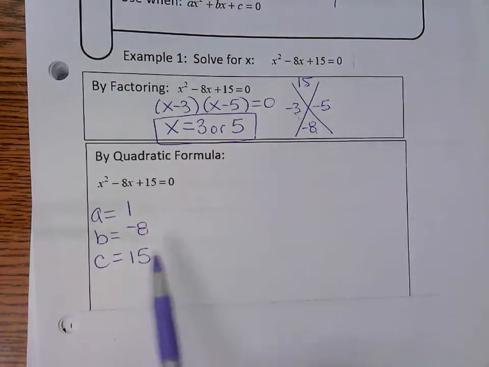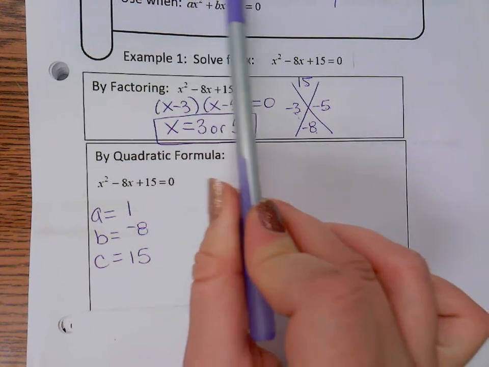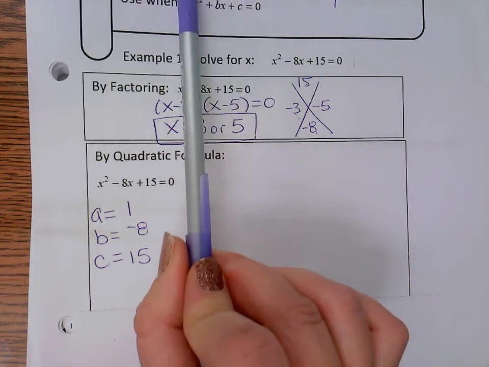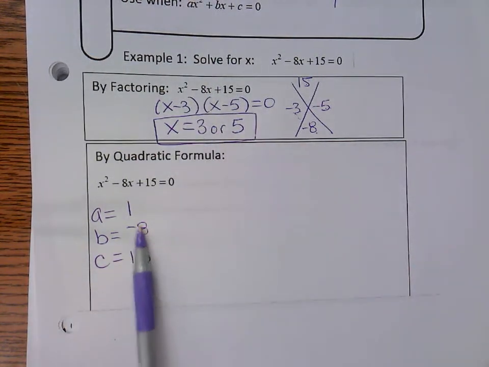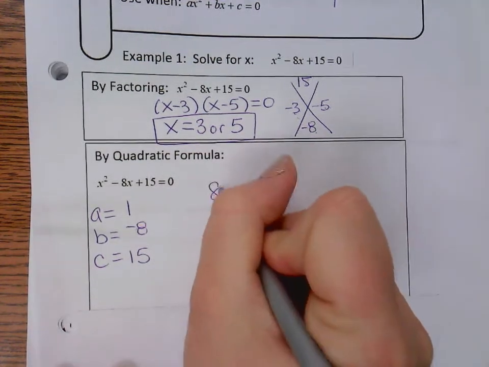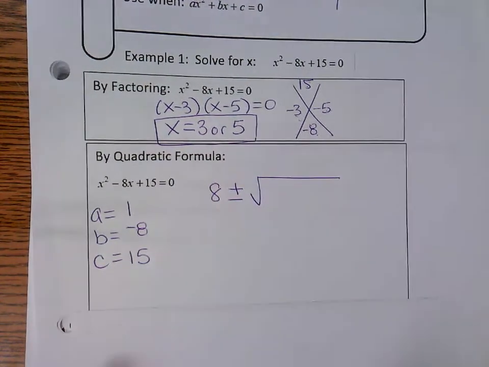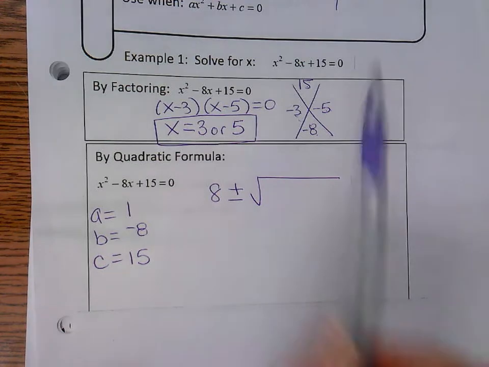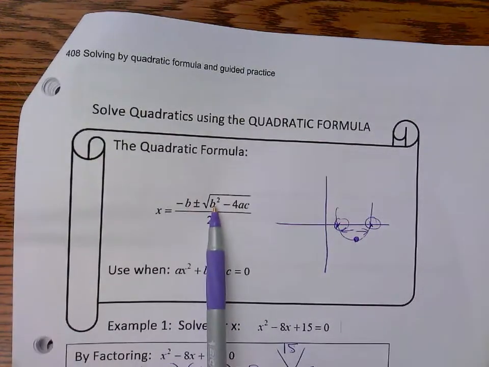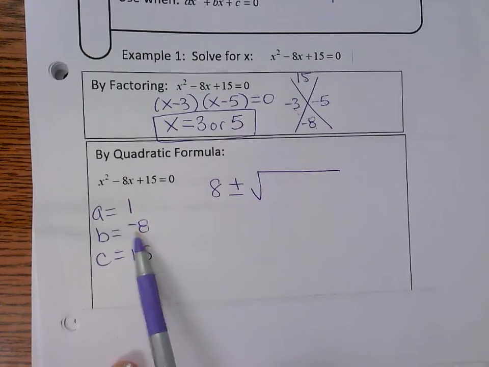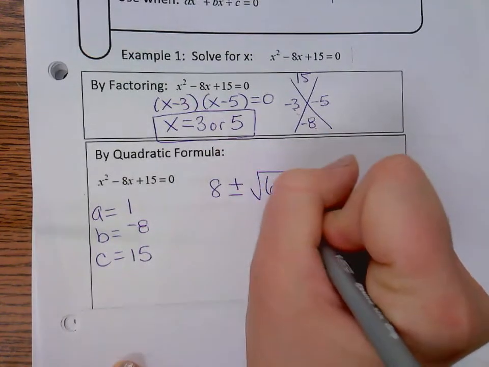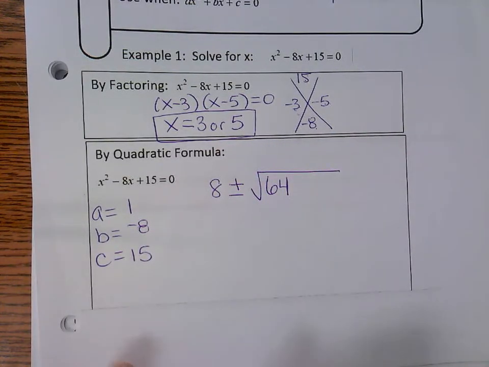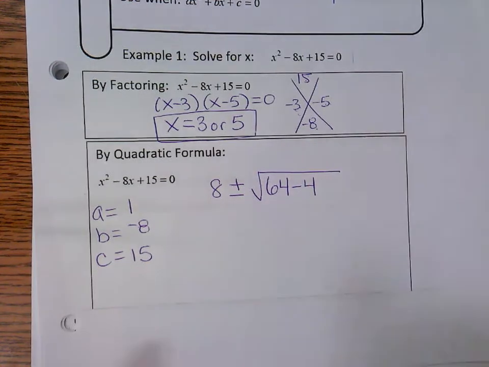So I'm going to plug all that stuff into this formula up here. So it says negative b, or the opposite of b. So that would be positive 8, plus or minus the square root. Then it says that I do b squared. So I'm doing negative 8 times negative 8 is positive 64, minus 4, because that's in the formula.